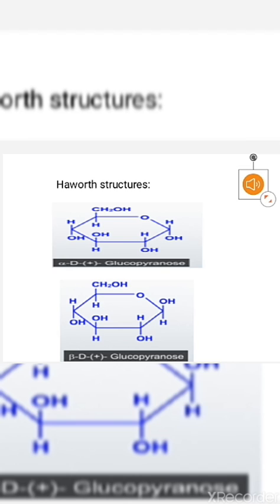Here in this slide, the Haworth structure of glucose is shown, which shows the cyclic structure of glucose in the form of a pyranose ring structure, a closed ring structure.